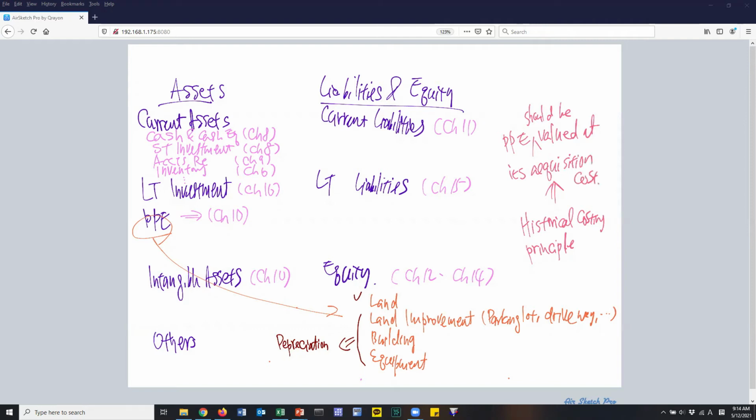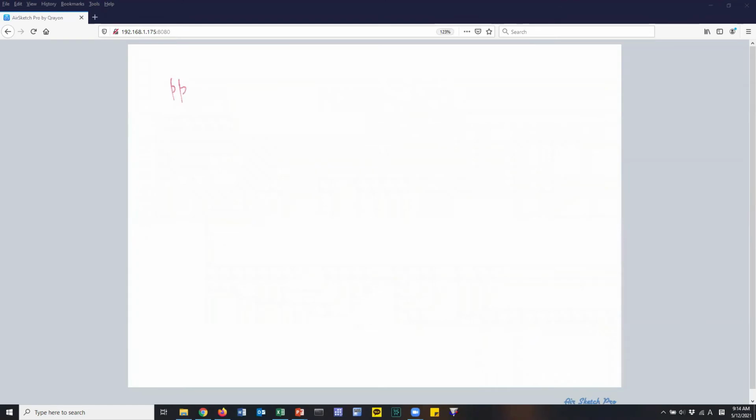That is, you should maintain the historical acquisition cost. But as we all agree, PP&E, except for the land, depreciates little by little.